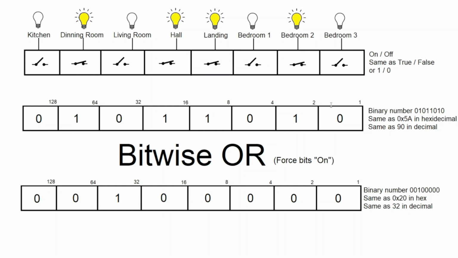So for the first least significant bit here, we can see we've got a 0 and a 0. So the resulting bit value that's going to go in here is a 0. That's the result of an OR with two false inputs or two 0 inputs. This one here has already got a 1 in this bit position, and there's a 0 down here, so we OR those together, we will still end up with a 1 in this bit position here. Here we've got a 0 and a 0, so that will end up as a 0.